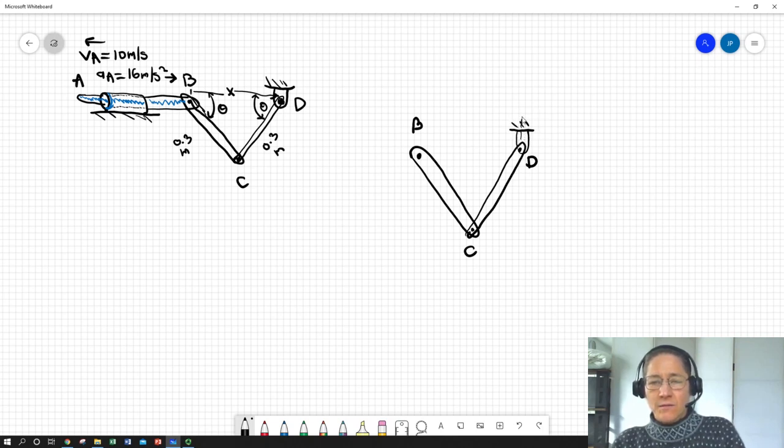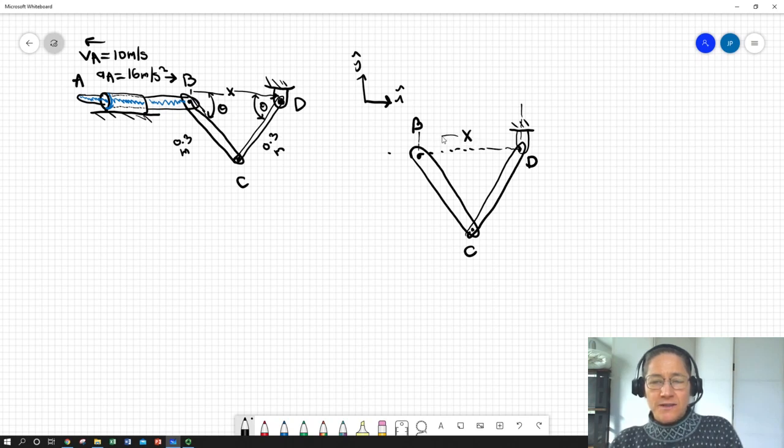More importantly, we know point B can only have motion in the i-hat direction, and combined with a fixed pivot, point D isn't moving anywhere. Point B can only move in the i-hat direction.